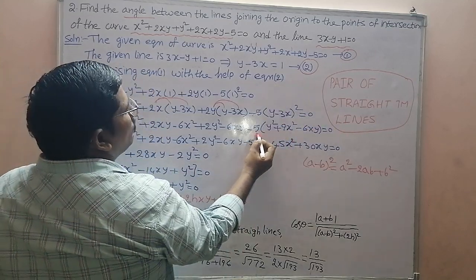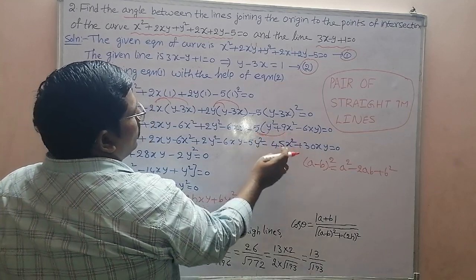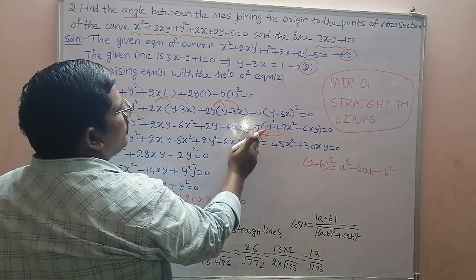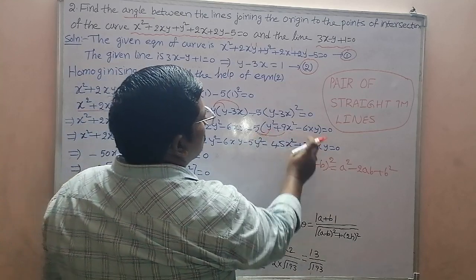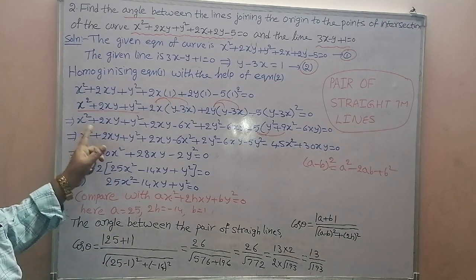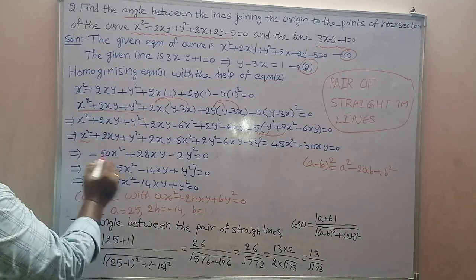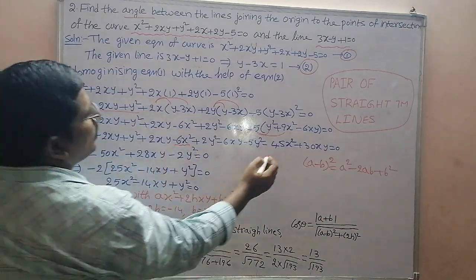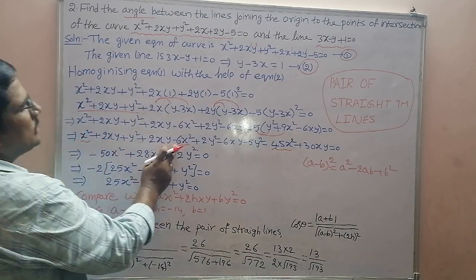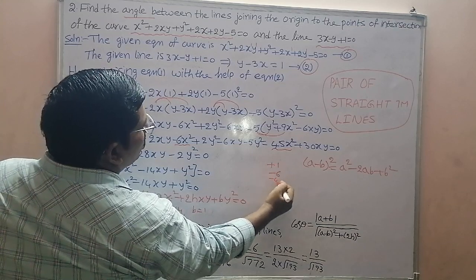So we multiply: 5 into y square is 5y square, 5 into 9 is 45x square, and minus minus plus, 5 into 6 is 30xy, equal to 0. Next we add like terms. For x square, the coefficients are 1, minus 6 and minus 45.